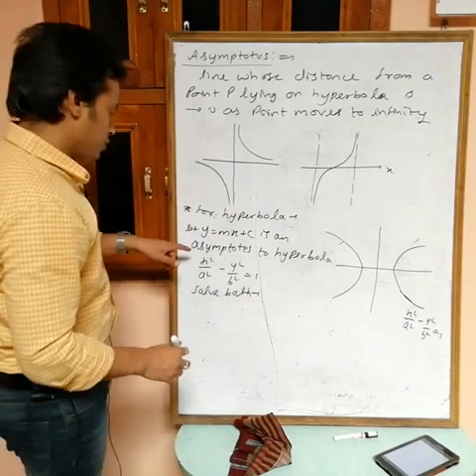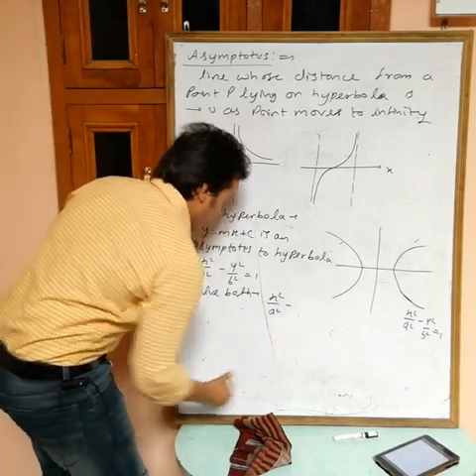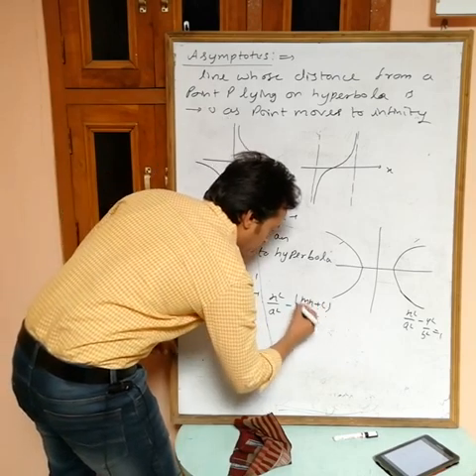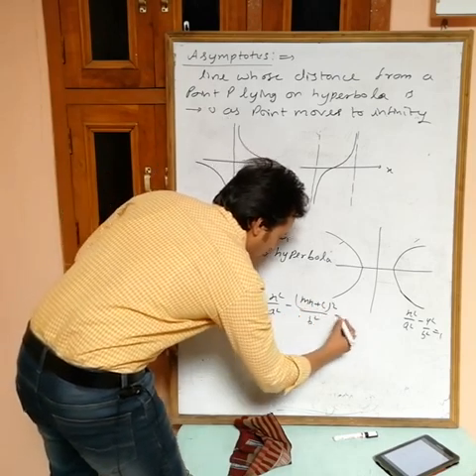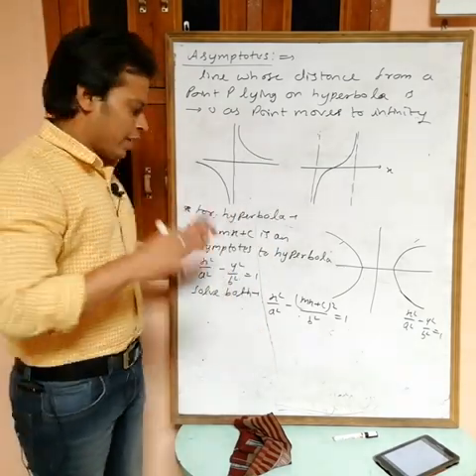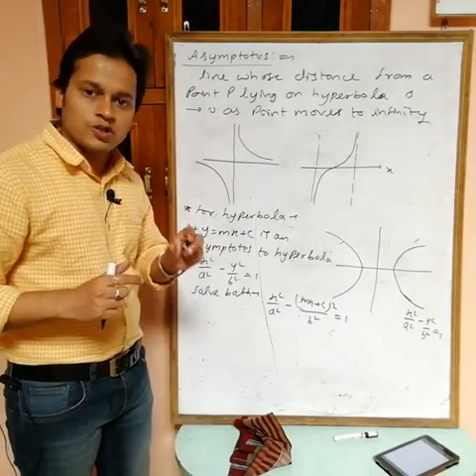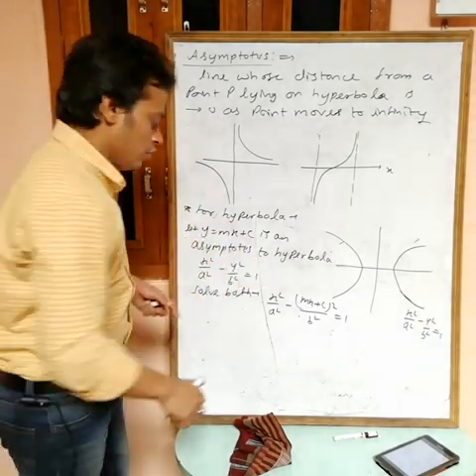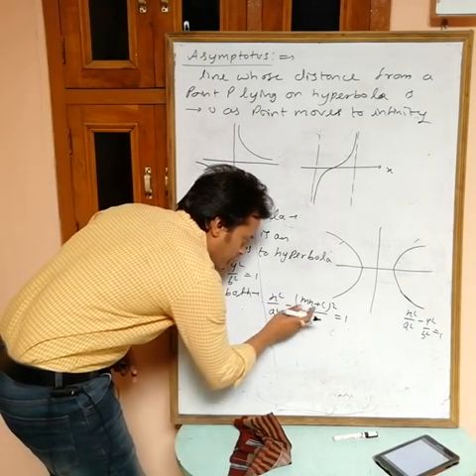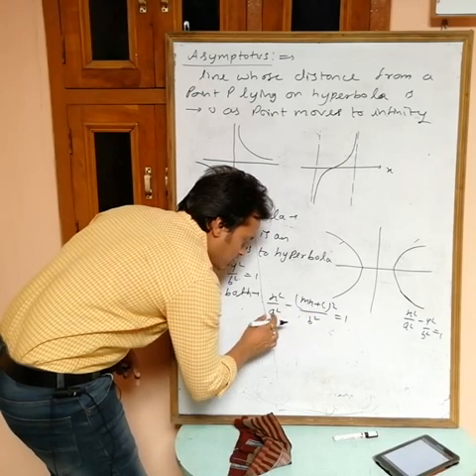If you solve both, put the value of y, then what are we getting? x square by a square minus, with y equals mx plus c, (mx plus c) whole square by b square equals 1. Take LCM a square b square. Now write this quadratic equation in standard form: ax square plus bx plus c equals 0. The coefficient of x square: you get x square into b square, and here we also have m square x square plus c square plus 2mcx, into a square.